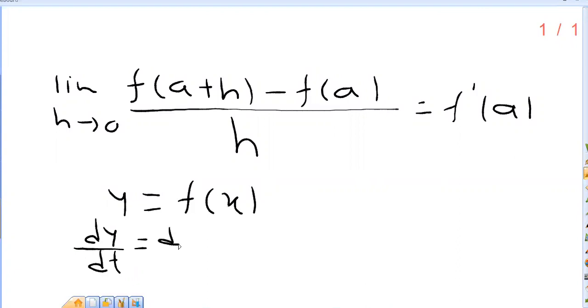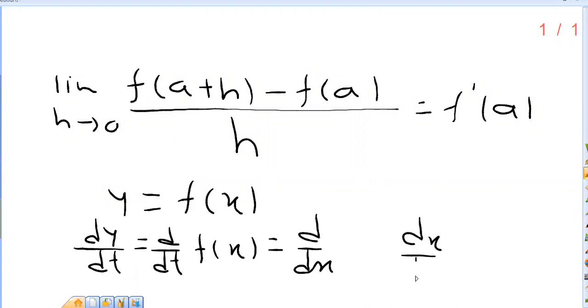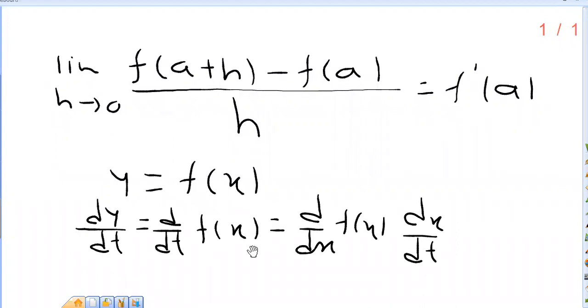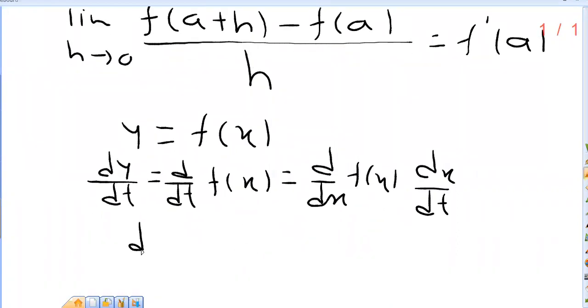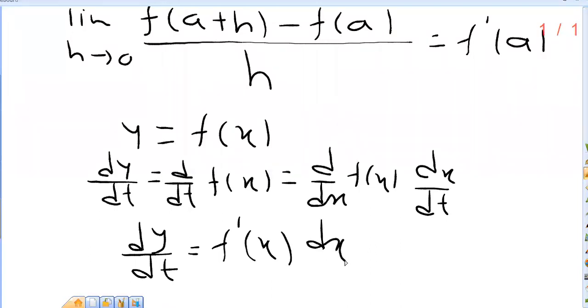Now we have to find derivative of RHS also with respect to t by chain rule. What is d/dt? It is d/dx into dx/dt by chain rule. So dy/dt is nothing but d/dx of f(x) times dx/dt, that is f dash of x dx/dt. So here we say that dy/dt and dx/dt are related rates. Okay, I hope you have understood this.